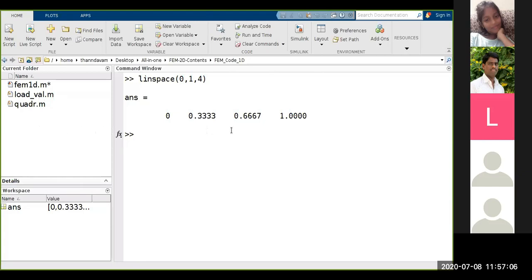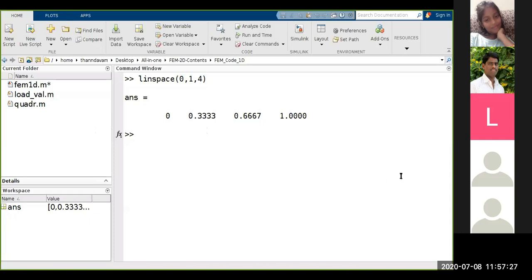This is the local stiffness matrix, which we have already seen in our explanation. And then I need a local load vector, zeros of 2 by 1. This also we have to assemble, so that finally you get capital A and capital f.